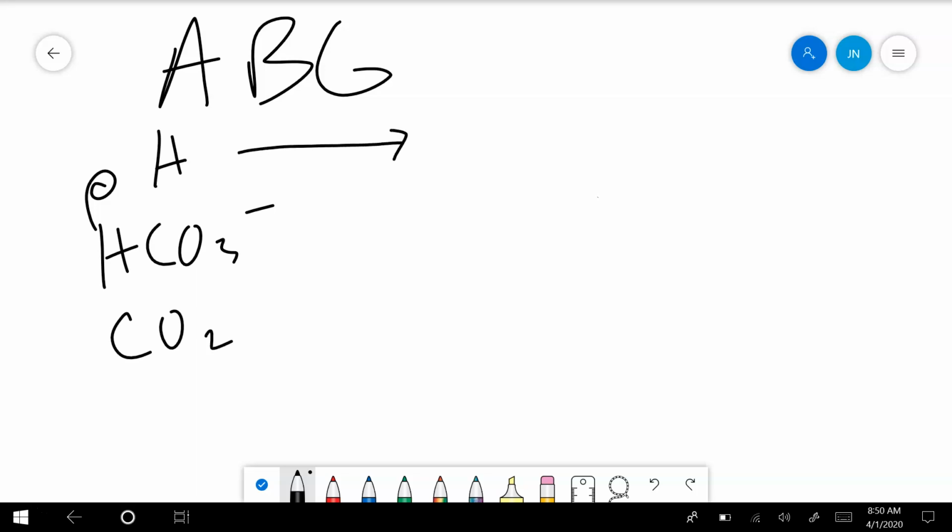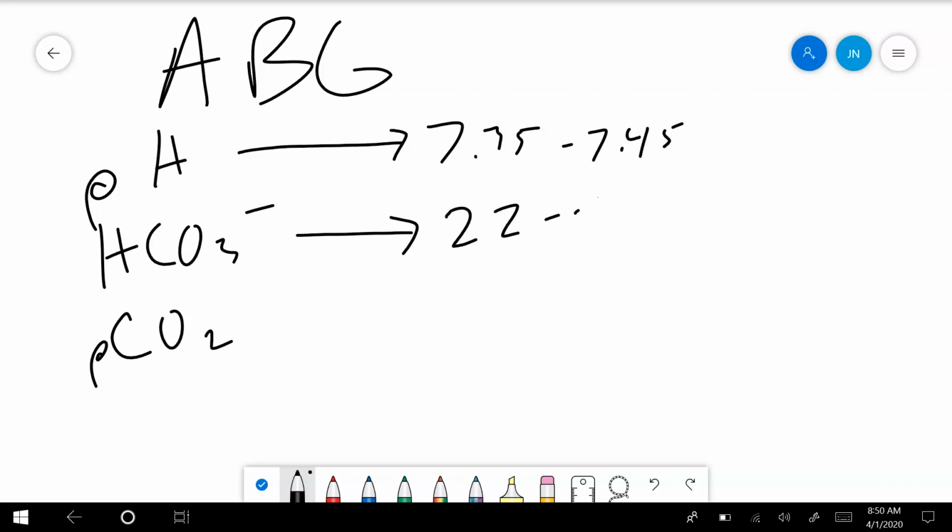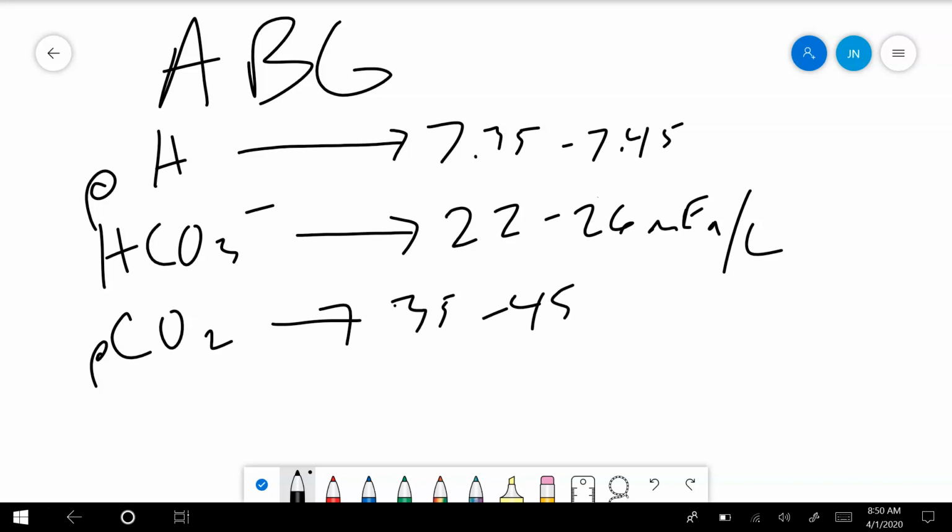So the pH of your blood is between 7.35 and 7.45. Carbon dioxide, 35 to 45.